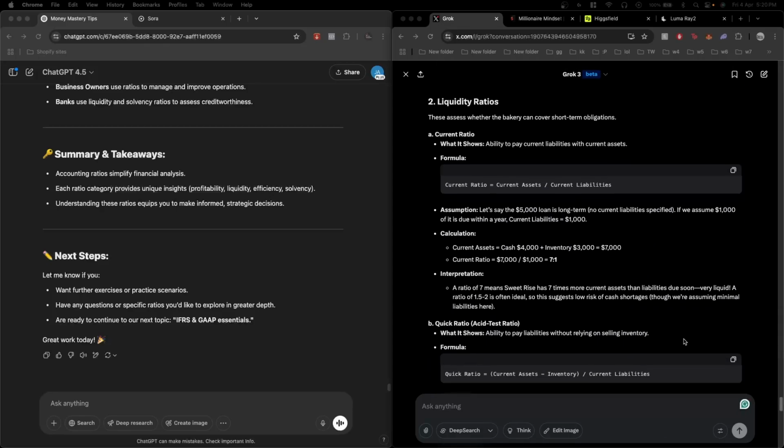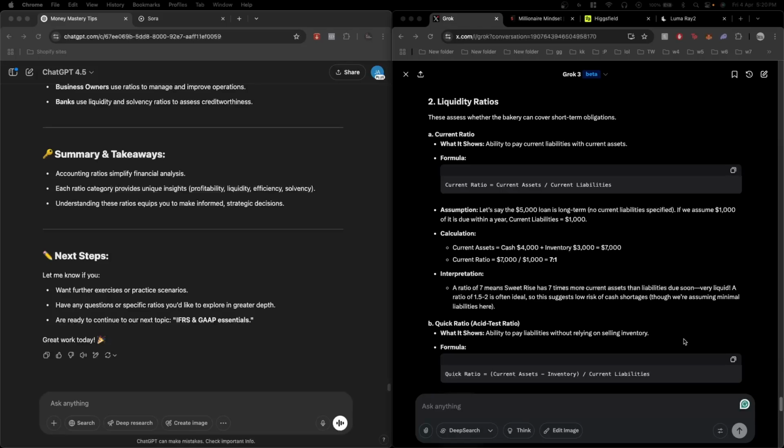Next, we move on to liquidity ratios. These assess whether the bakery can cover short term obligations. So, for example, the current ratio. What it shows: the ability to pay current liabilities with our current assets.